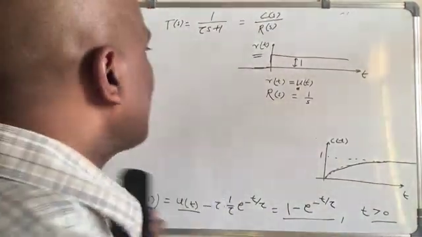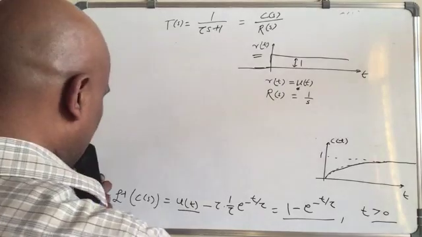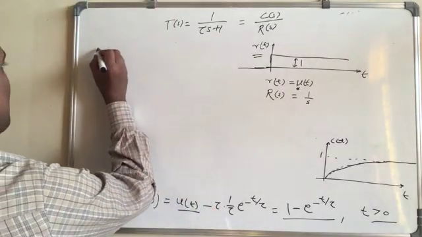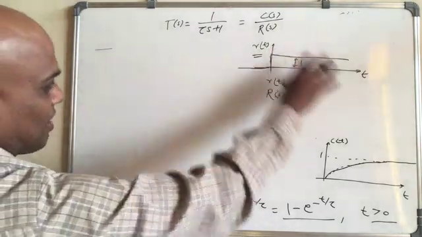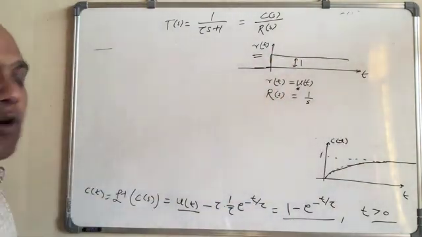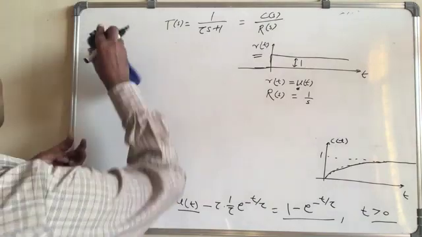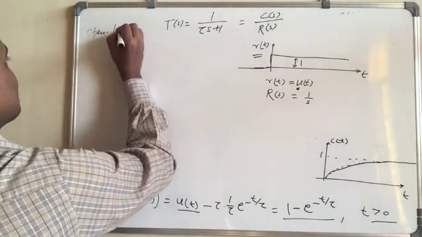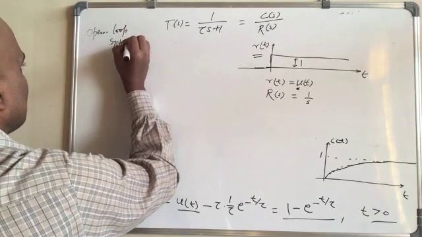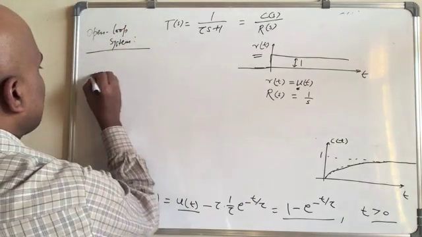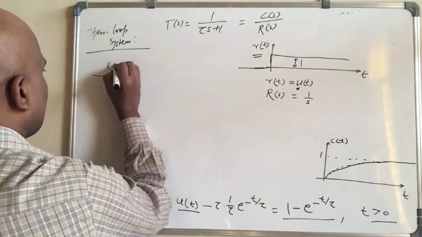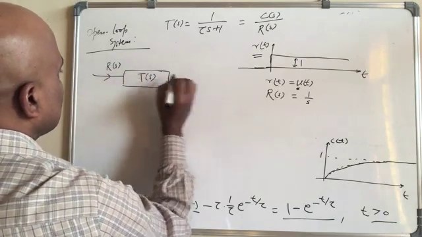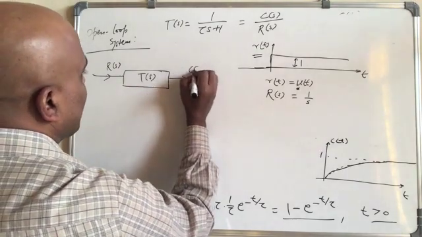Another way of looking at this system: so far we assumed this to be an open loop system. When you say open loop system, what does that mean? You have one input R(s), then a transfer function T(s) like this, and then the output C(s).